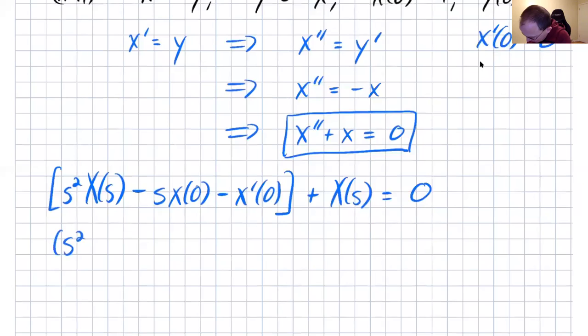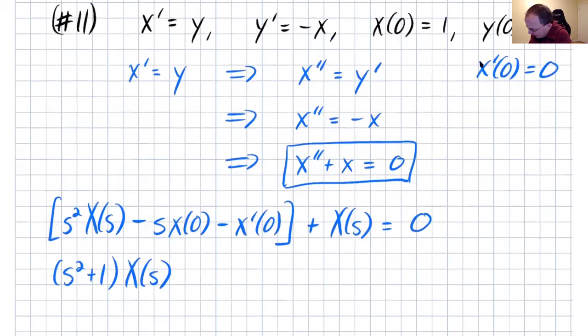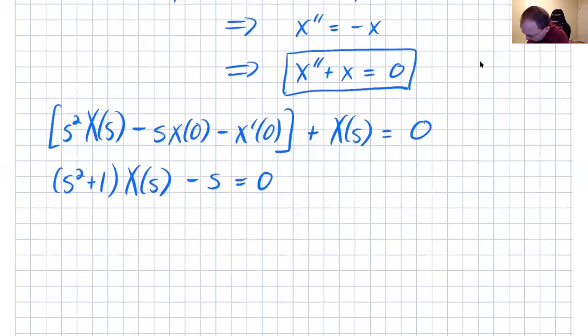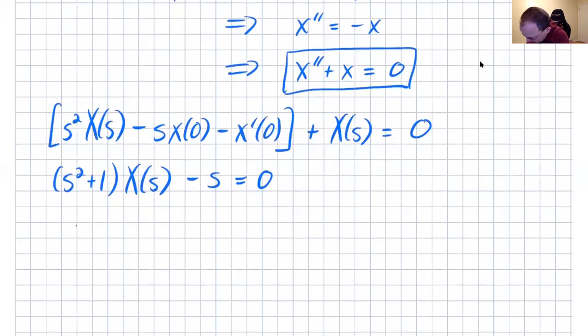So then we get s squared plus 1 times x of s. And then we have x of 0 is 1, so this will be 1. And x prime of 0 is 0, so that goes away. So then we have minus s equals 0. And that tells us that x of s is equal to s over s squared plus 1.